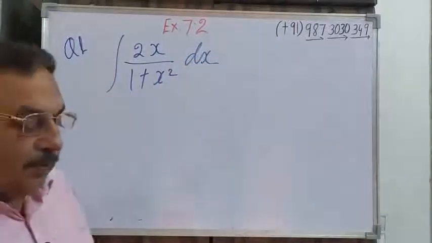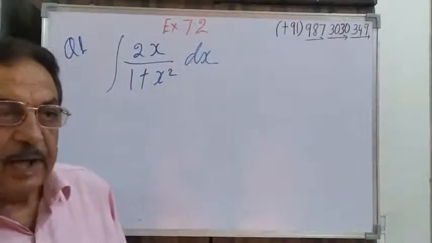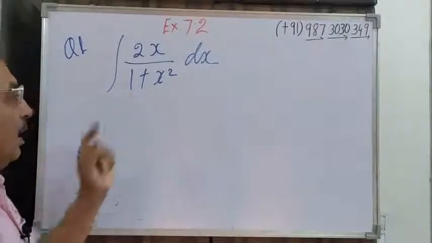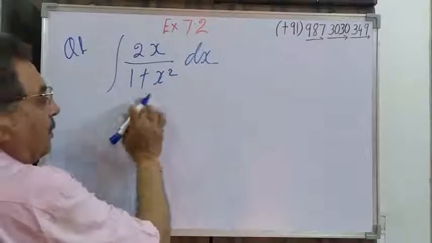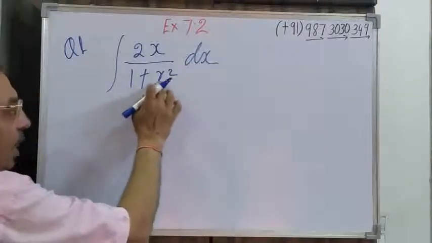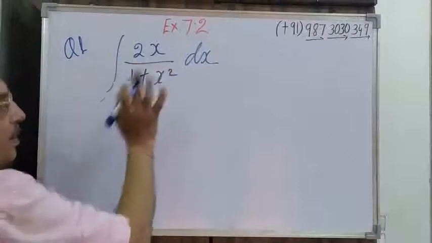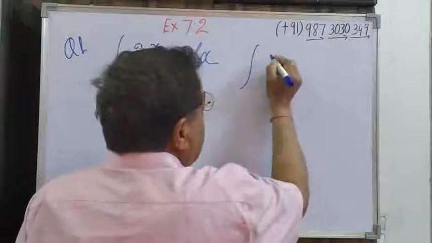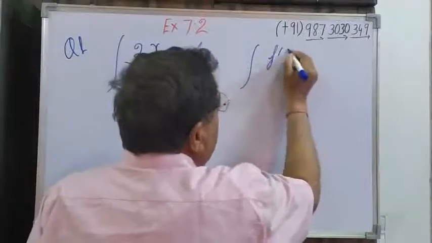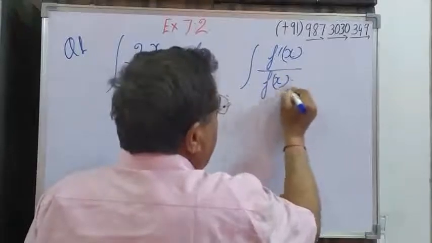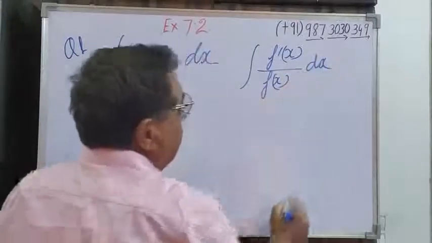As I told you, we observe which is a function and which is a derivative. If I look at the denominator, I see 1 plus x square, and its derivative: the constant 1 has derivative 0, and x square has derivative 2x. So we observe that the numerator contains f dash x, and the denominator contains f x and dx.